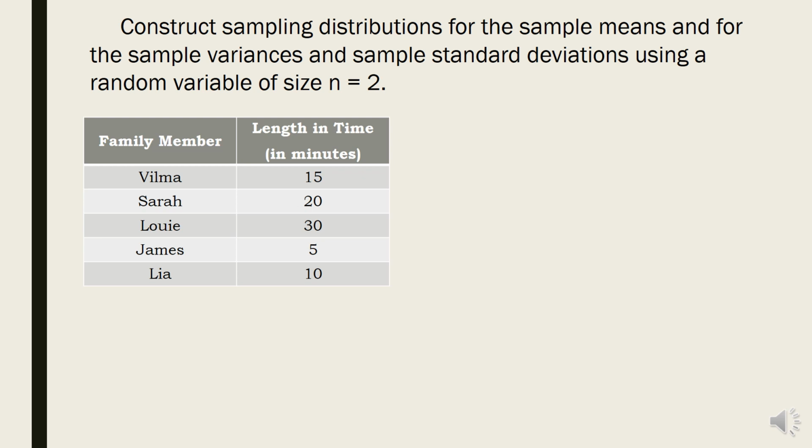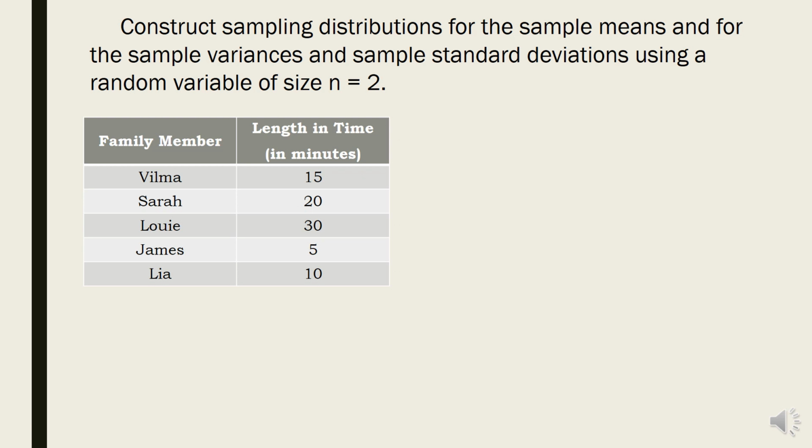Now, before we compute the sample means, sample variances and sample standard deviations of the given random variable of size n equals 2, we need to find the possible combinations. From the given 5 members, we only need to pick 2 samples.